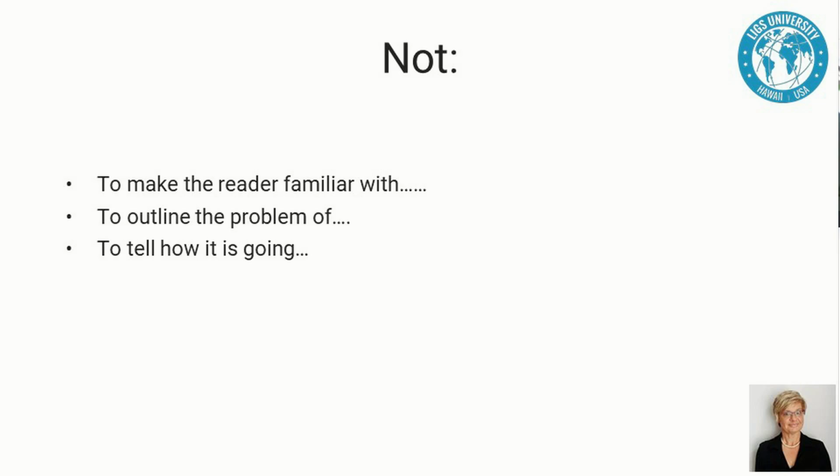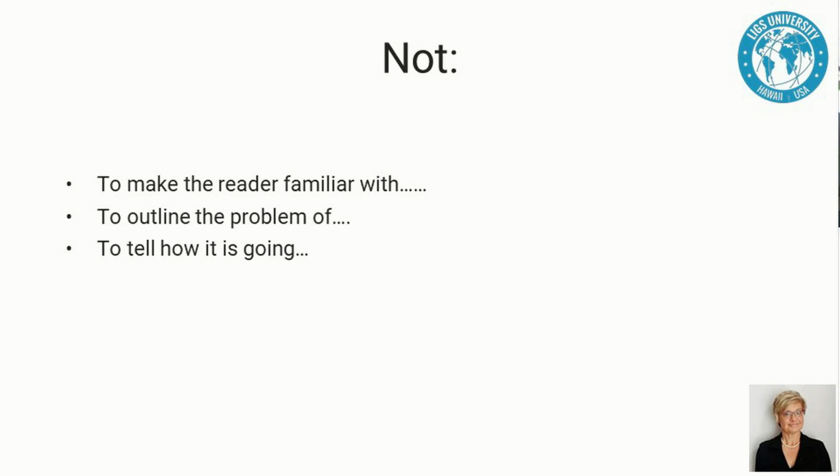A similar sentence is, the goal is to outline the problem of. You are saying, this is wrong, this is bad, this is wrong again, and this is my seminar paper. I told you how bad it is. Okay, problems are everywhere, but just to cry and describe what's wrong, it's not the proper one.